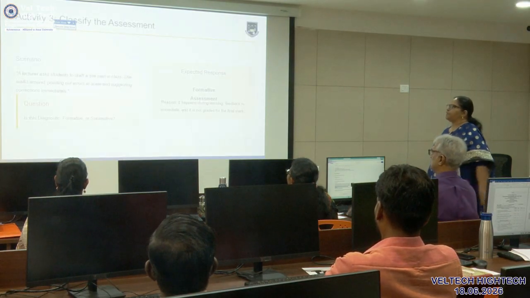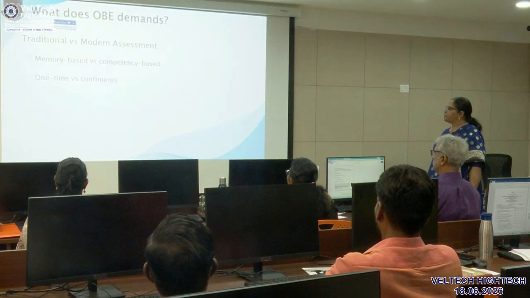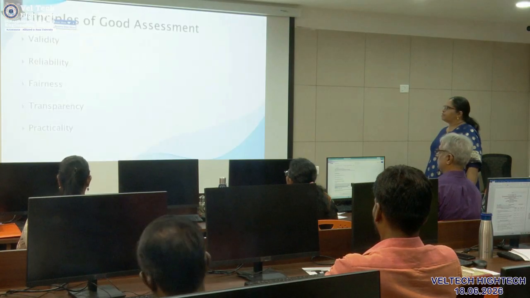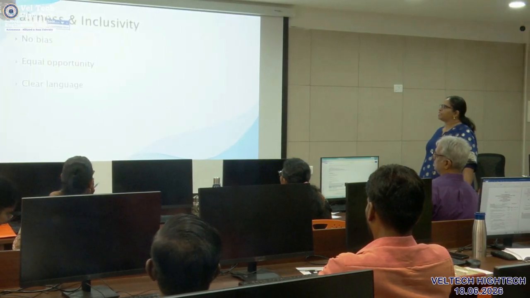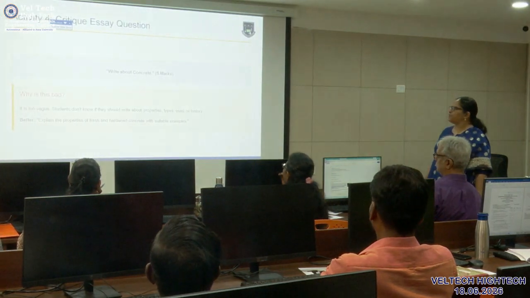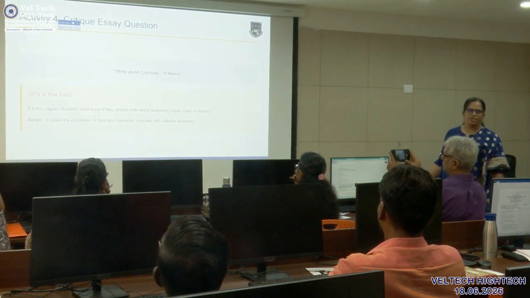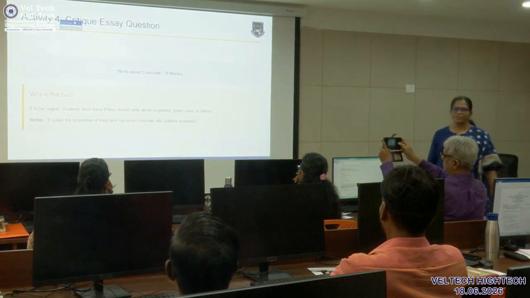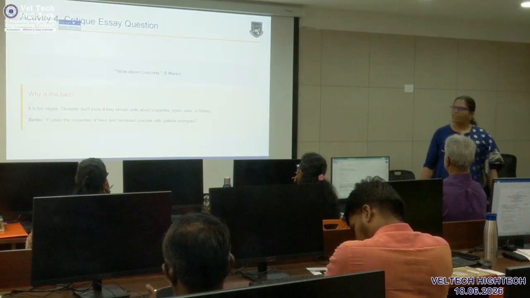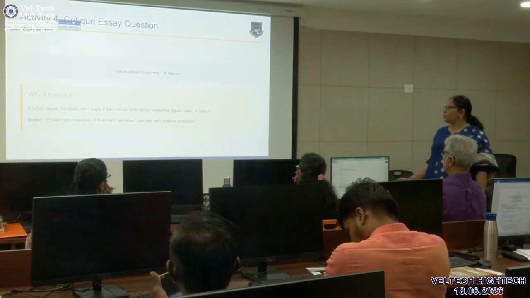Okay, fine. So now, when you frame a question, I'll just give you an example of a question here. If you ask a question something like this, "write about concrete", I can write anything about concrete, so it looks very vague.